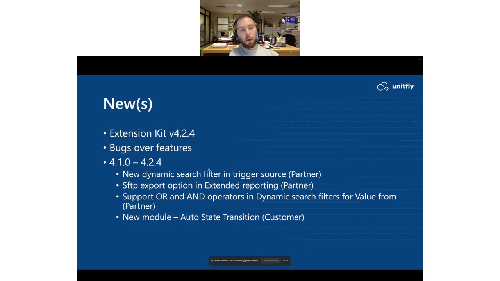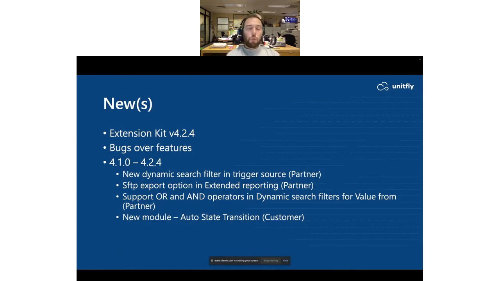So bugs will have the high priority, and what we are currently doing, and we will try to do it in the future, is that when we discover a bug, we fix it in the next version. This is how we have done it so far. Hopefully we'll do the same in the future.